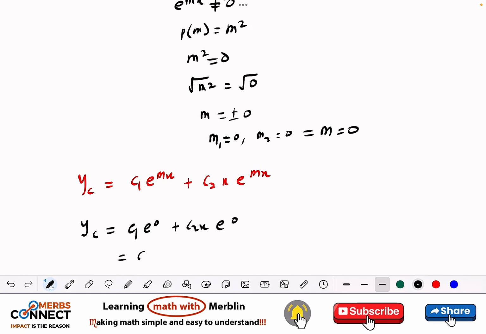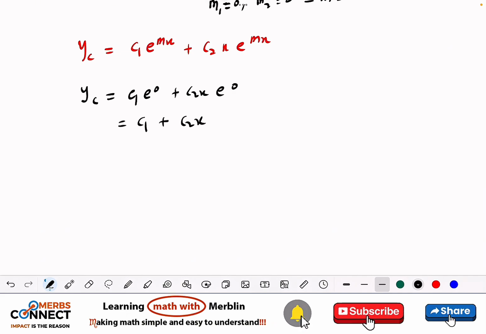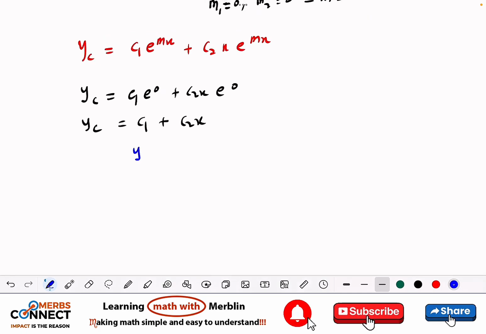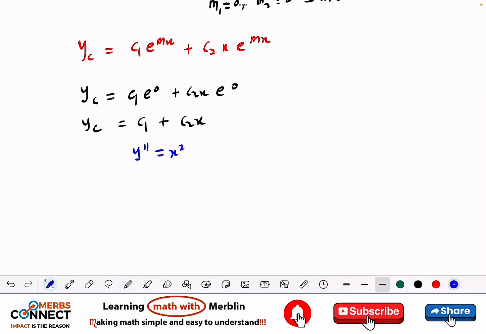And this is going to give us c1 plus c2 x. Nice. So now that you've gotten this complementary solution, let's try and figure out our particular solution, right? So they've given us something like this. The original question is y prime prime is equal to x squared, I think. Yes. So now let's find the particular solution.